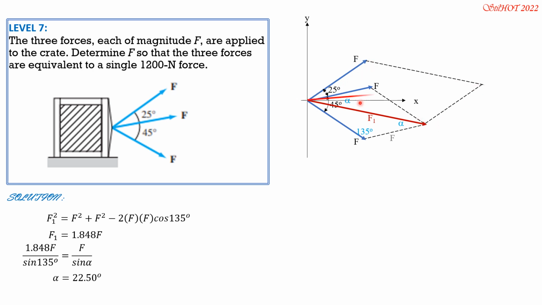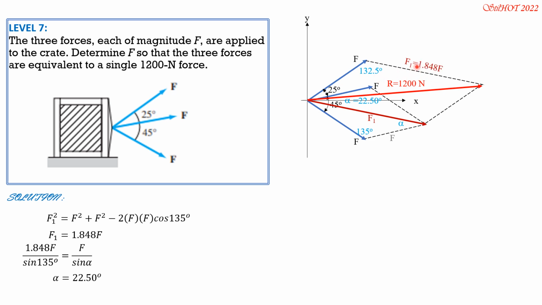So if this is 22.5 degrees alpha, let's form another parallelogram between F1 and the remaining F there. So this is the resultant of magnitude 1200 newtons, and alpha is 22.5. 22.5 plus 25 is 47.5, the interior angle of this parallelogram. So the measure of this angle is 180 minus 47.5, which is 132.5 degrees.